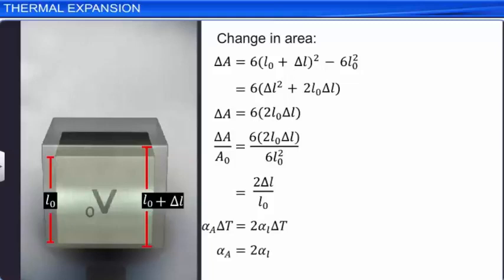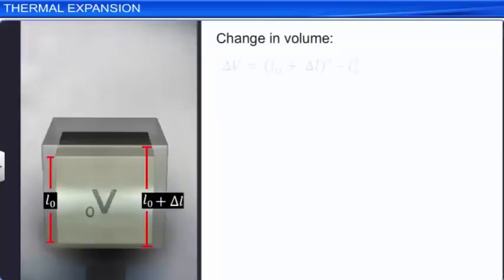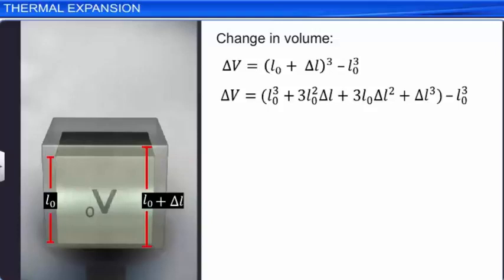Let this be equation 1. Change in volume, delta V, equals (L naught plus delta L) whole cube minus L naught cube. This is equal to L naught cube plus 3 L naught square delta L plus 3 L naught delta L square plus delta L cube minus L naught cube. The terms delta L square and delta L cube can be ignored as their values are negligible.